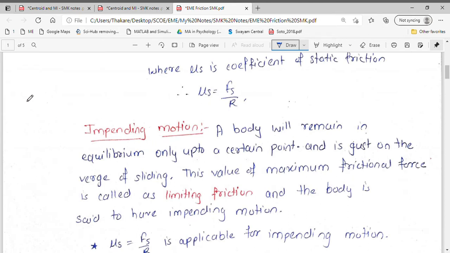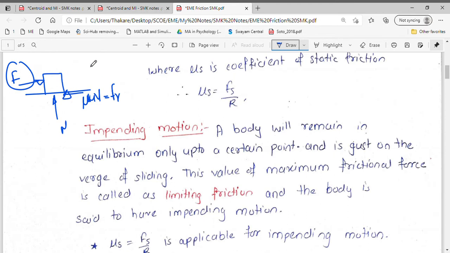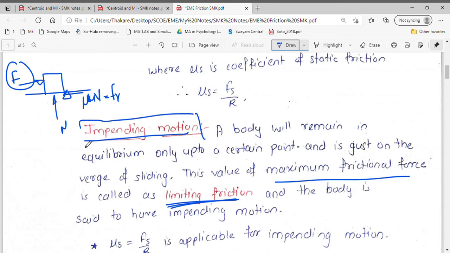So if I am applying this horizontal force F on this body, the frictional force, let this be mu into N, and this is your normal reaction N. So the frictional force Fr at some point will be equal to this force F. This maximum value of frictional force is called limiting friction, and the condition in which the body is about to move is called the condition of impending motion.